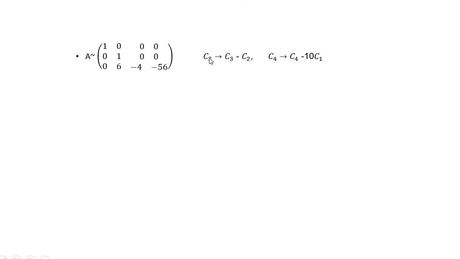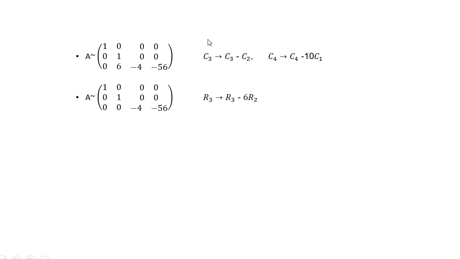So, to do that, I have taken C3 is equal to C3 minus C2, C4 is equal to C4 minus 10C2. Because earlier we had here 1 and 10, and now they are cancelled, and we got it as 0, 1, 0, 0. Next step, after this 1, we should get 0 column wise.